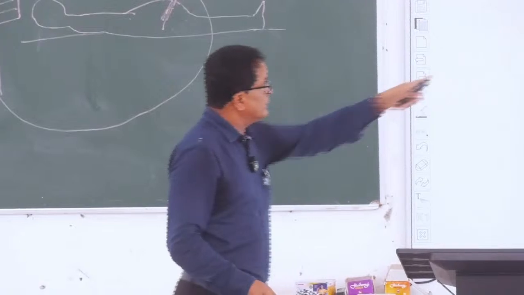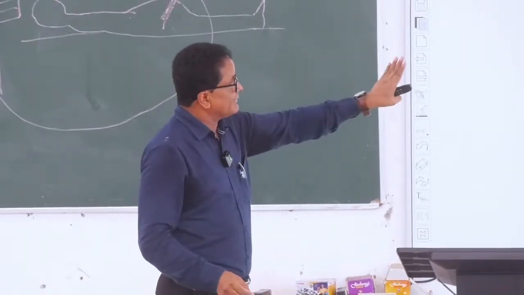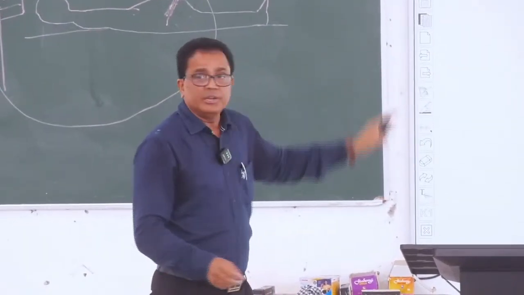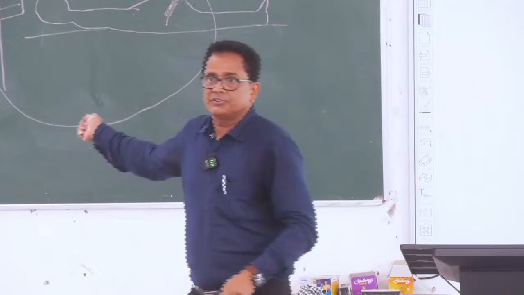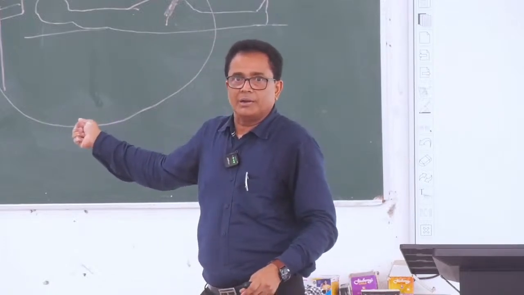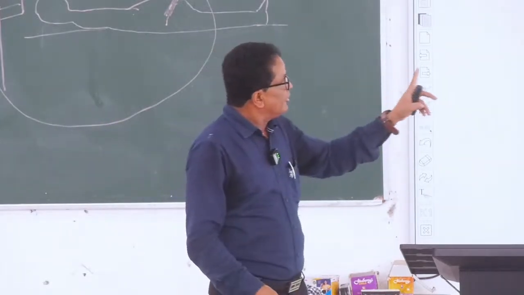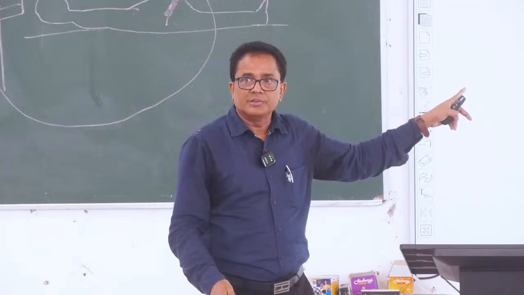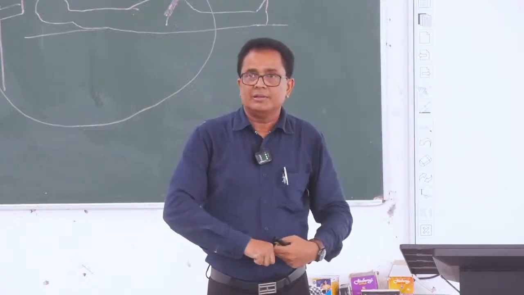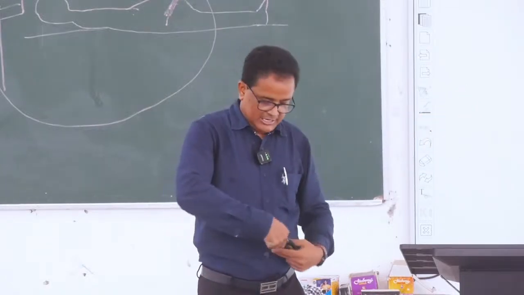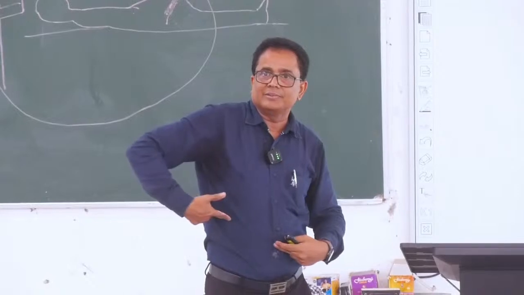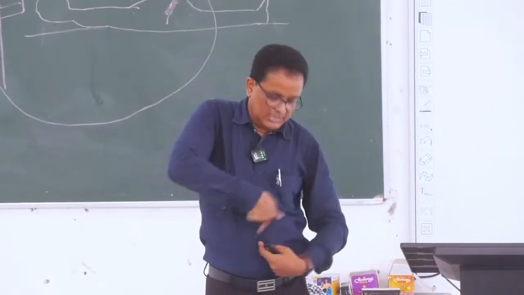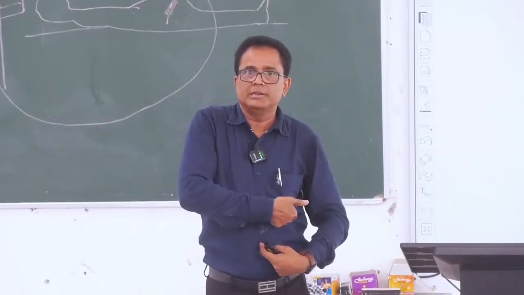Once you put the gas inside, through the camera you can see. So the second part is V for visualize. If I put a camera at my umbilicus, if I look up, then on the right side I can see the gallbladder. If I go left, I can see the spleen, everything.